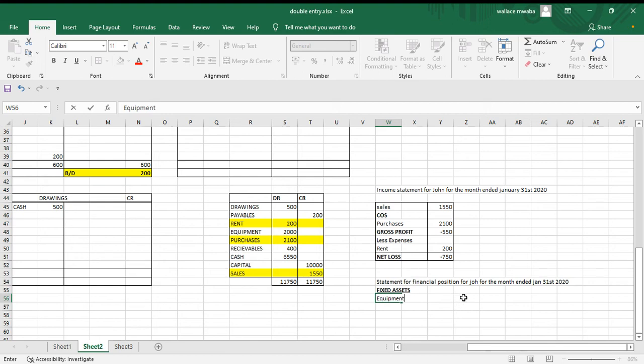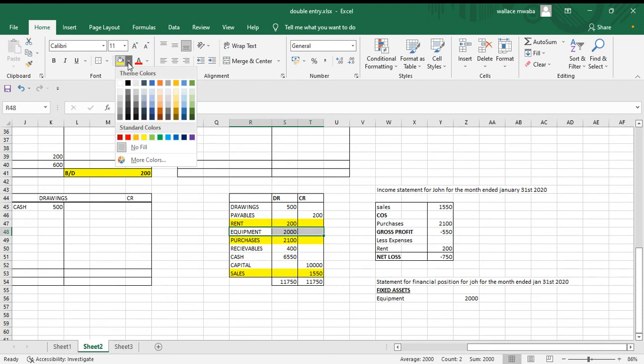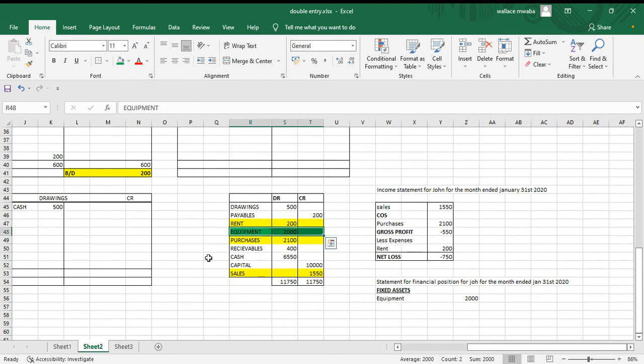Equipment 2000. Do we have any other fixed asset? Equipment 2000. What else? Receivables, cash. No other fixed assets.